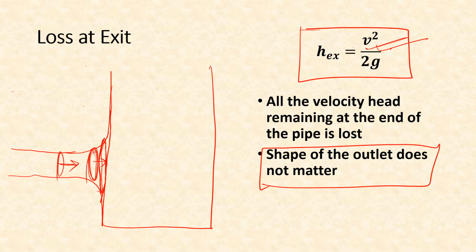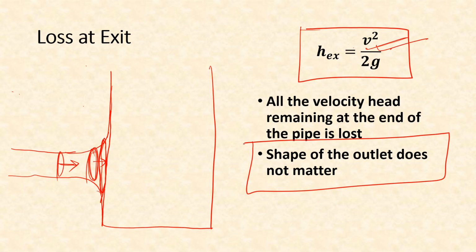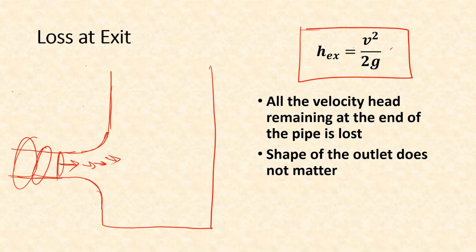But actually that is not the right way to think about it, although technically that's true, because we are not going to find out velocities at all these different cross sections very near the exit point. We are only concerned about velocity at the main pipeline, and therefore it's better not to think of it like this, and whatever velocity is there and the corresponding velocity head v square by 2g will be lost.